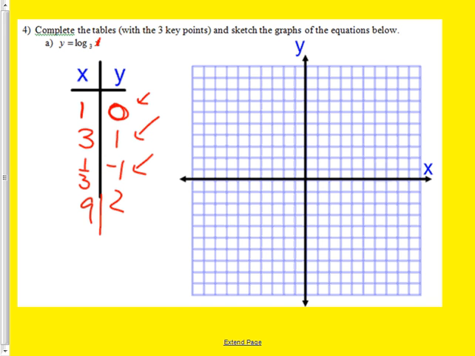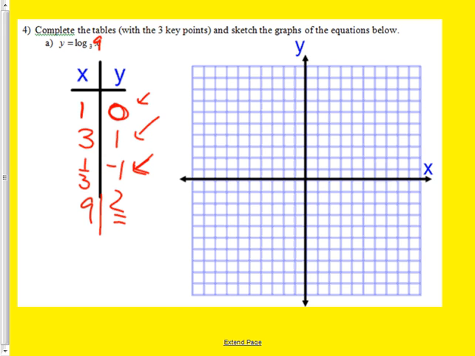And if you put in a 3 here, it works nice because you know those rules that it's got a power on it, and the power is the answer. So if I put in a 3, I get a 1. Okay, if I put in a 1/3, that's a little harder of a stretch to think of putting in a 1/3 and then getting a -1, but that works. And the last one is if you put in a 9, that 9 is really like 3 squared, and therefore the answer would be 2. Okay, so you can do it either way you want.